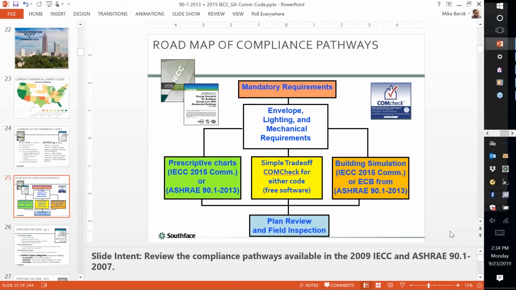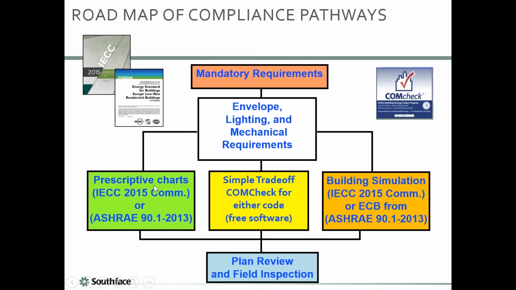Okay, that's slide 25. In terms of complying, you have a choice of complying with the prescriptive code, doing a simple trade-off, or you could always do a much more complicated full-on building simulation. Within ComCheck, you can do simple trade-offs within the envelope only.